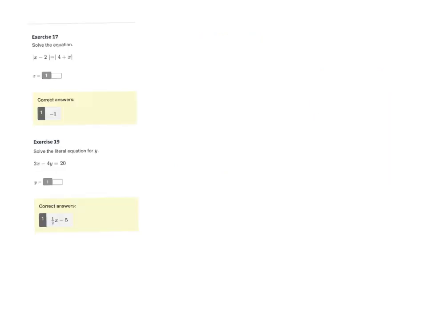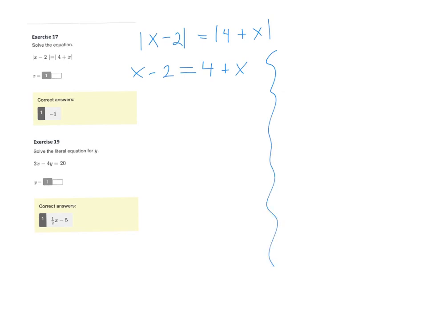Alright, so 17. We're going to have the absolute value of x minus 2 equals the absolute value of 4 plus x, like that. And so we're going to have x minus 2 is equal to 4 plus x. That's the first one. The second equation, let me divide this out.